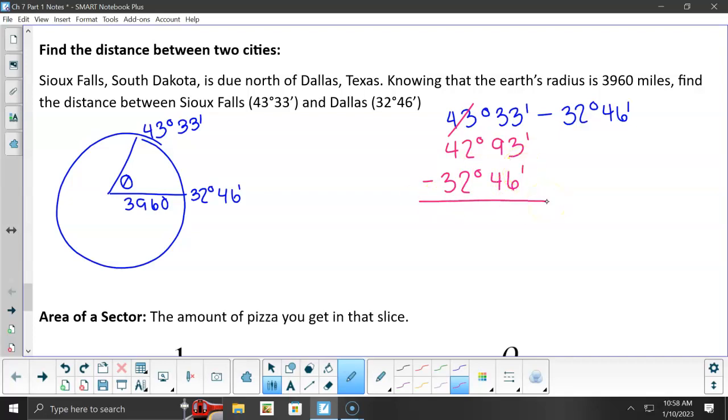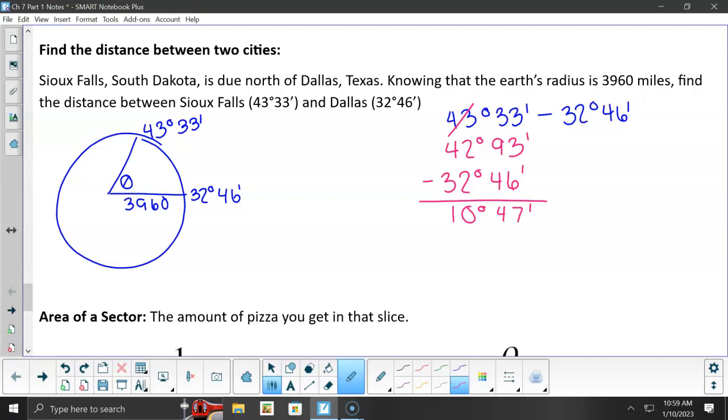So I've got 13 minus 6, that gives me 7. 8 minus 4 is 4. And then 10 degrees. Now if you type that into your calculator, you should get 10.7 or 8, something with numbers after that. If you turn it into degrees, minutes, seconds, you will get back to this. Okay?